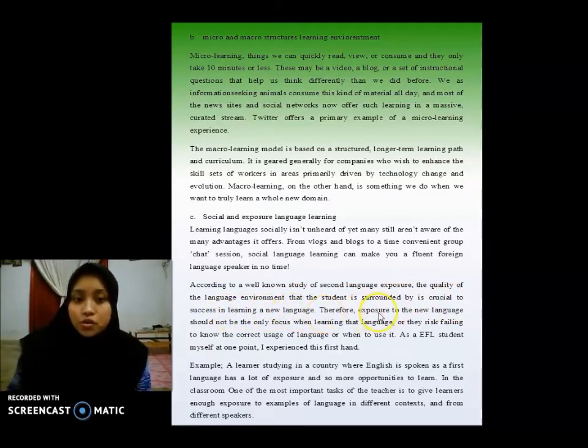Therefore, exposure to the new language should not be the only focus when learning that language, at the risk of failing to know the correct usage of the language or when to use it. As an EFL student myself, at one point I experienced this firsthand. For example, over there.